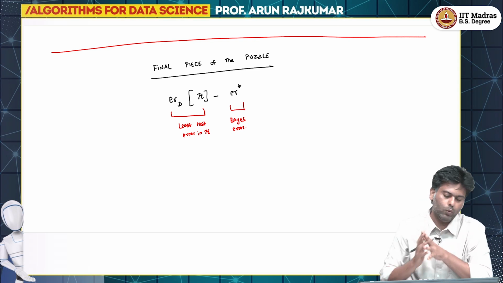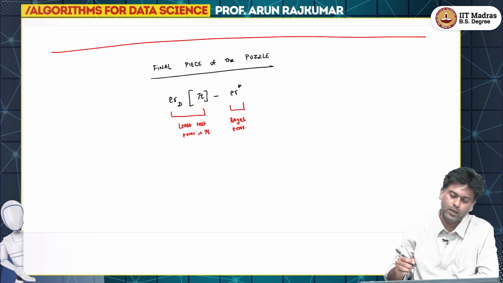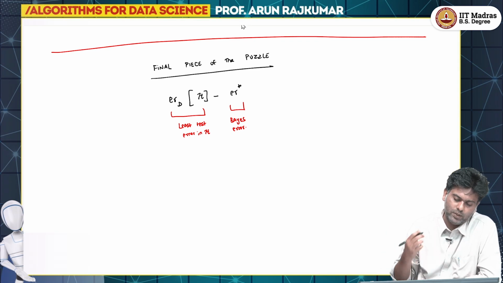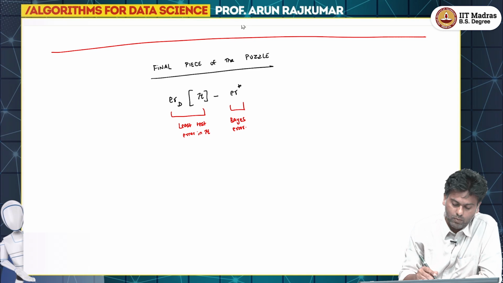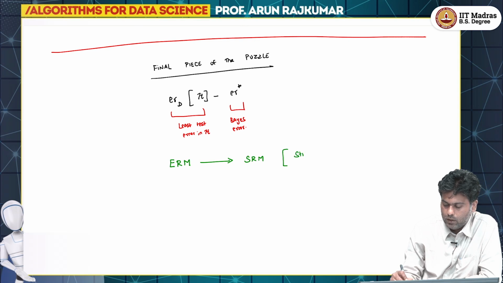So, how do I solve this problem? Well, in a statistical learning sense, what is suggested by Vapnik to solve this problem is to move away from ERM and do what is called SRM, which is structural risk minimization.